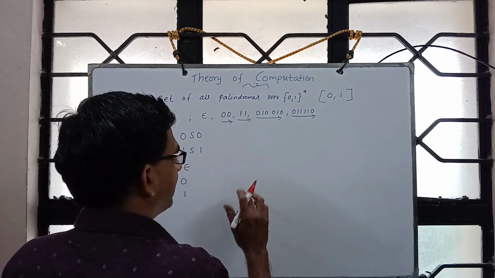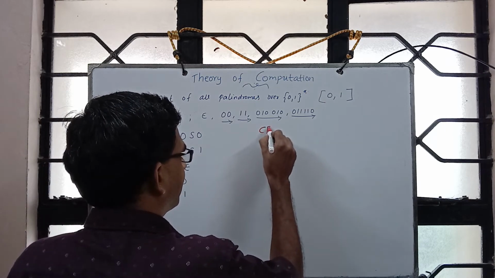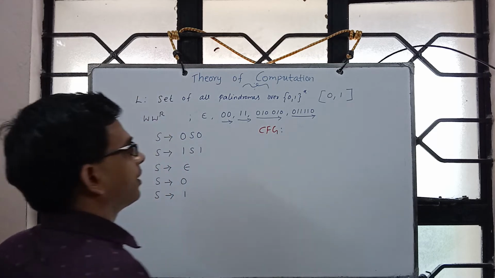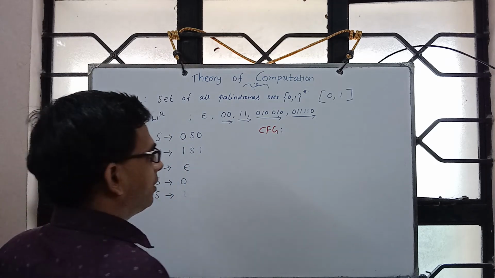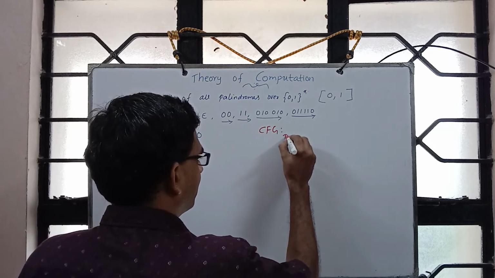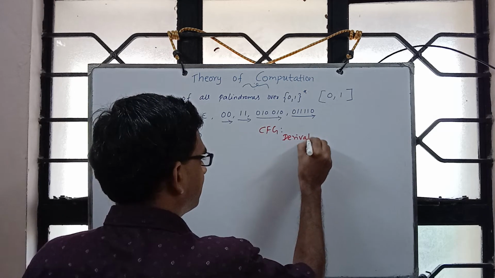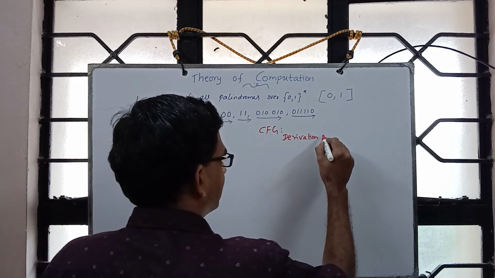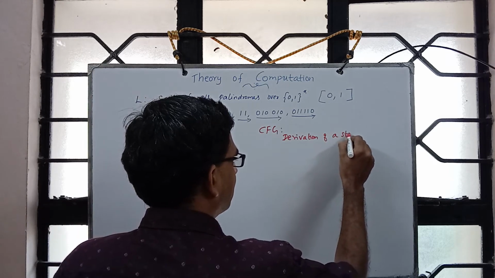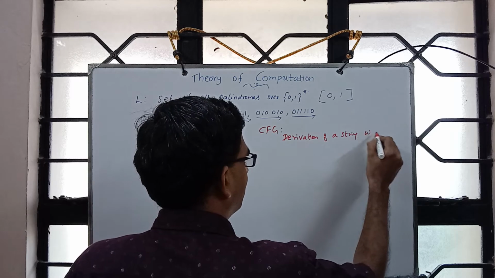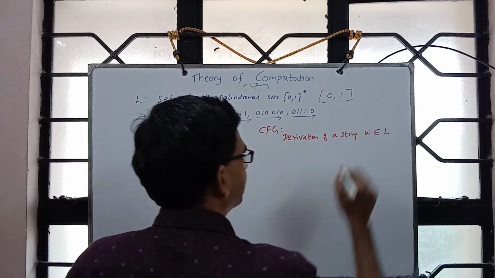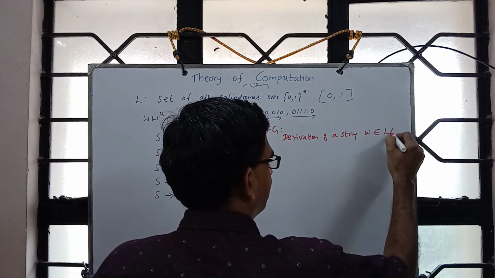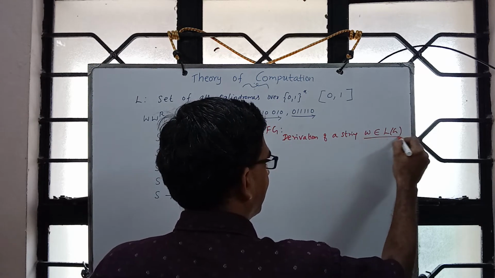Now when you look at a context-free grammar, one can talk about something called derivation. We have seen before, a derivation of a string, say W, belonging to the language accepted by the grammar, which we say L of G.